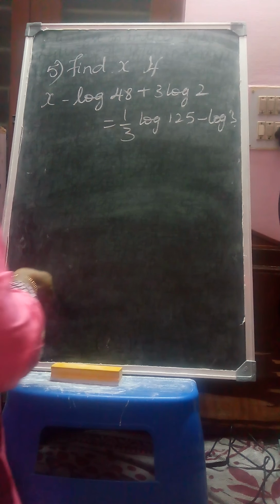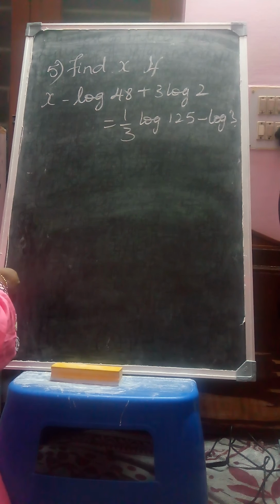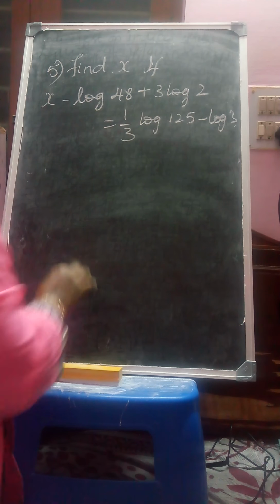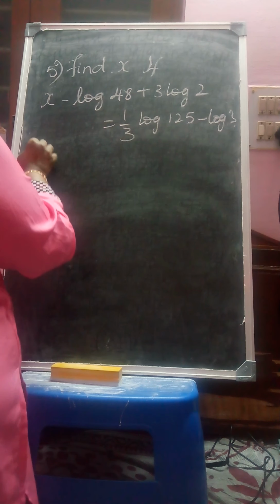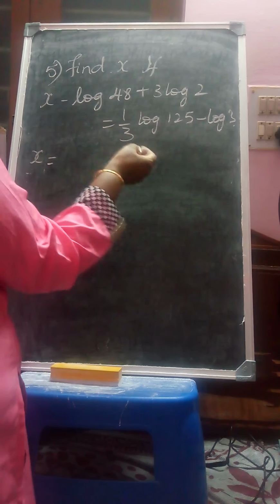Okay. Now what we will do is we will try and shift everything from the left hand side to the right hand side. It will be more easy and convenient.